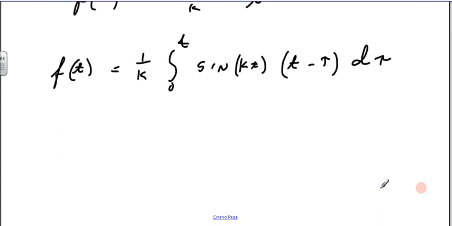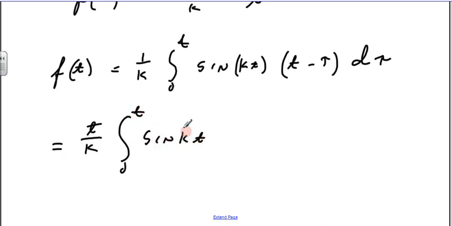Alright, so I will rewrite that as t over k. The t is not an independent variable, so I can bring it out, just like the k is. Integral 0 to t sine k tau d tau.